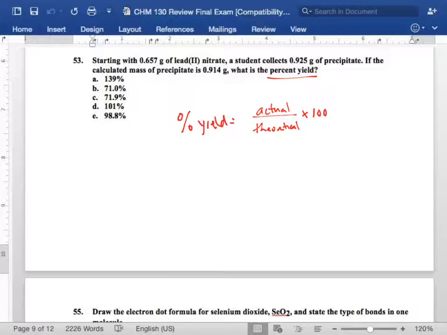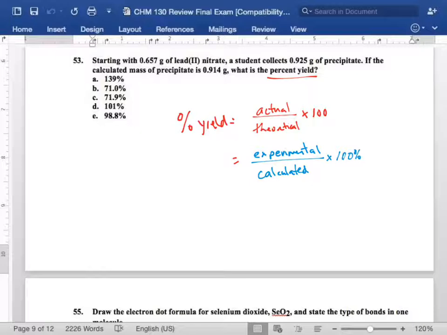The other way to phrase it would be, you might see experimental over calculated, or any permutation thereof.